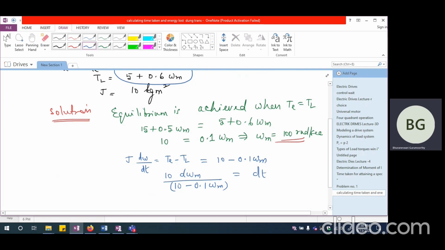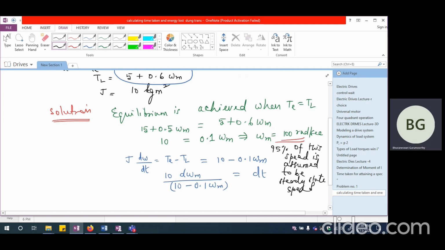So I'm going to take 95% of this speed to be the steady state speed. If 95% of the speed is achieved, I'm going to say the system has already reached steady state.